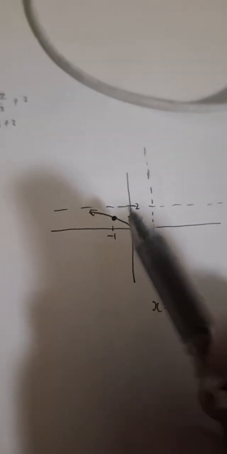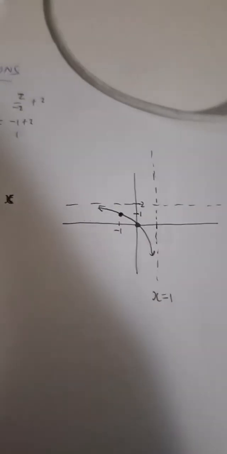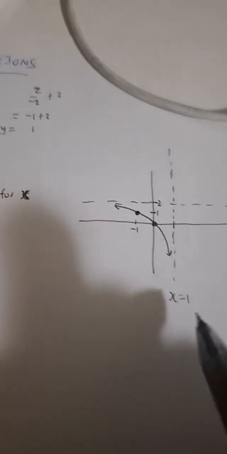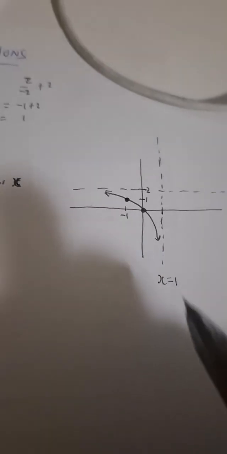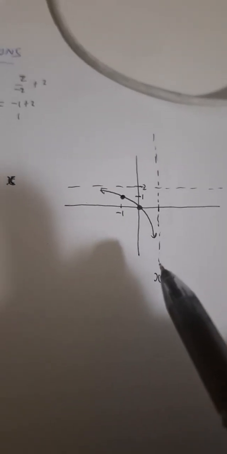So when you substitute x as -1, you get a corresponding y value of +1. That makes sense because 1 would be here and -1 would be there.